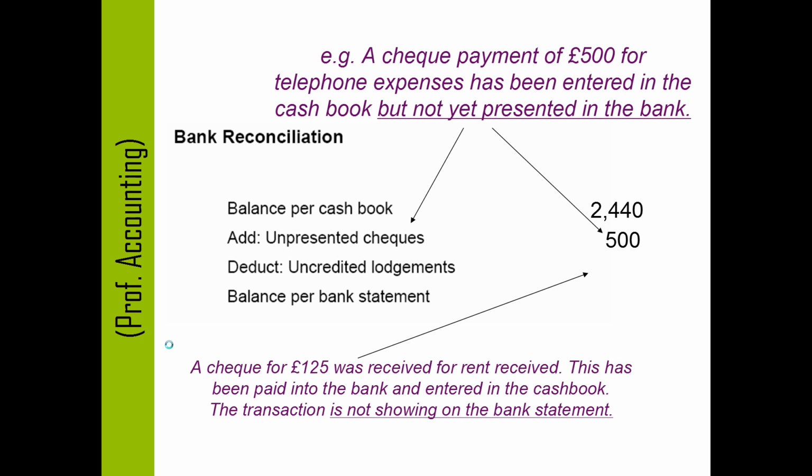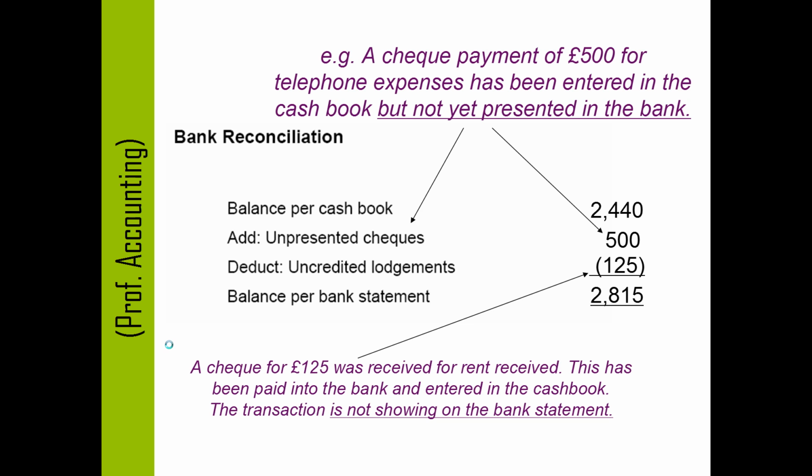Now, to get the balance as per the bank statement, naturally you would have that value on the bank statement that you're looking at. But just for this little demonstration, if we just do the maths, we add the 500, take off the 125, and we get a value of 2815. I'm going to show you a slightly different way of approaching this in terms of a question.